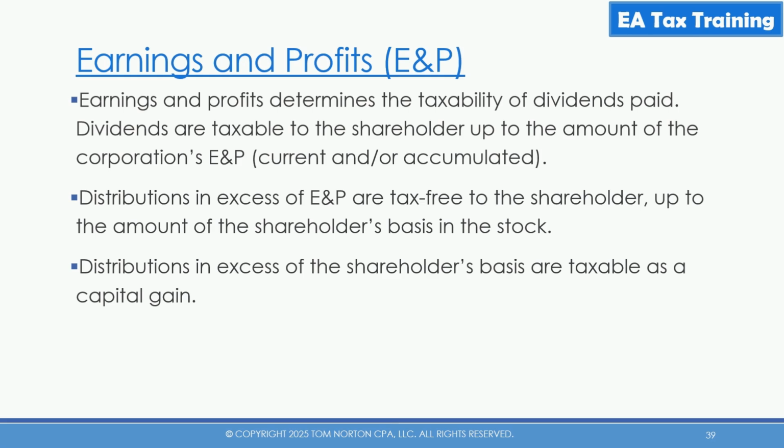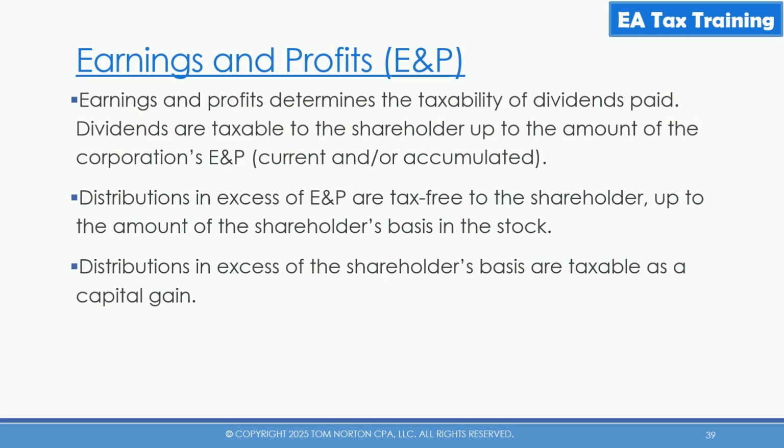So this makes sense. This is kind of like if you went out into the stock market and bought a stock. Let's say you paid $10,000 for some stock in the stock market, and then the corporation bought back your shares for $10,000. Well, there would be no gain or loss. You have basis in those shares of $10,000. They're just giving you your money back at that point.